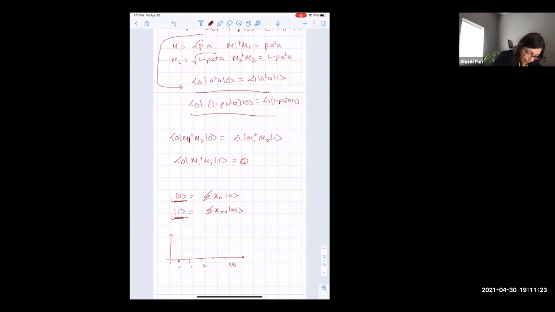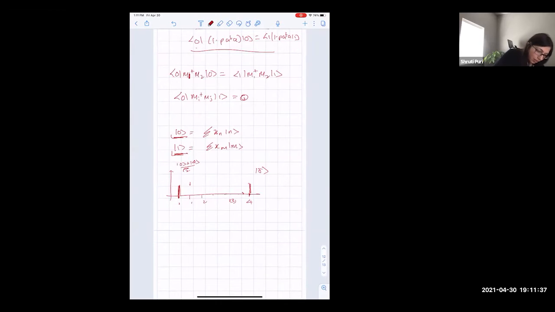For example, in the code words we looked at, 0 plus 4 by square root of 2, the support was on Fock state 0 and Fock state 4. This was the support of the 0 bar state, and the support of the 1 bar state was on the state 2 here. And clearly these two states are going to be orthogonal. So if the two code words have different supports on the Fock basis, they're going to be orthogonal. So that's one thing that we have satisfied.